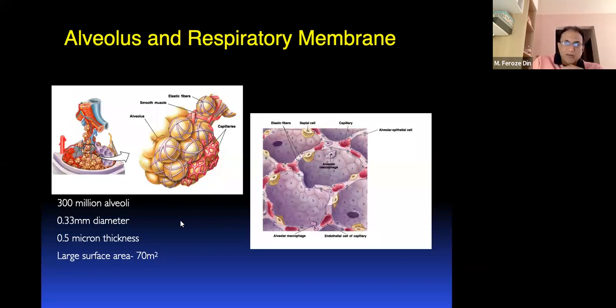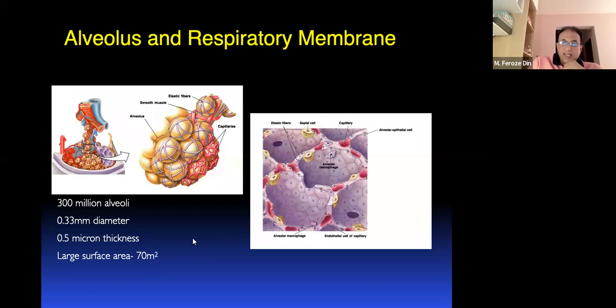You have about 150 million alveoli in each lung, and they're very tiny, 0.3 millimeters, and extremely thin, 0.5 microns. And the overall surface area of the respiratory epithelium is 70 meters squared. It's a very large surface area.